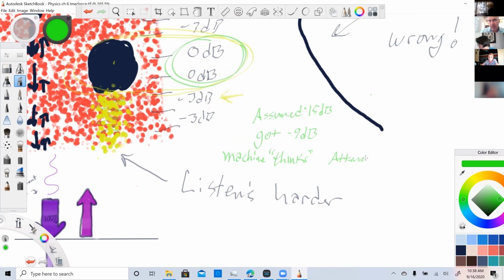Attenuation was constant, and it wasn't. So that is a really long explanation for what you thought was a simple question.